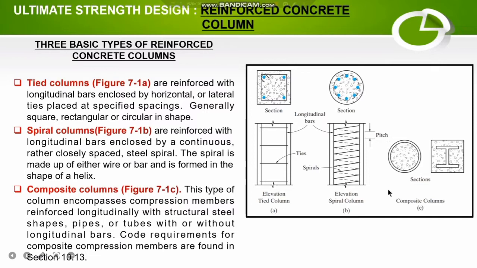And this diagram is an example of a composite column, in which the main reinforcing element is a structural steel member, for example, an I-flange or a tube or any other structural steel element.